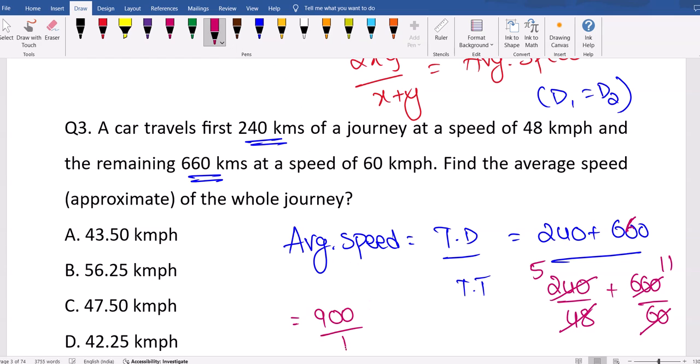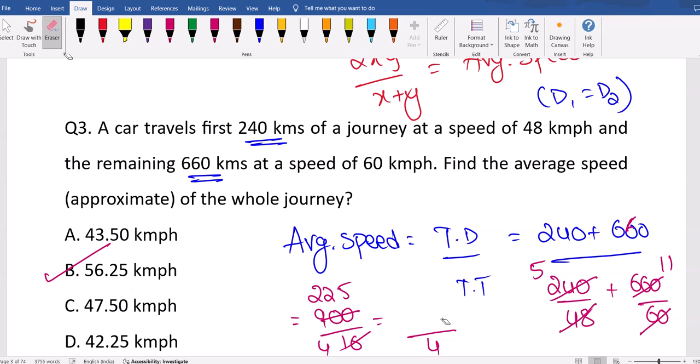900 divided by 16. 9 into 100, 4 times. If you cancel 25, this is 4. So 225 divided by 4, which is 56 point something.